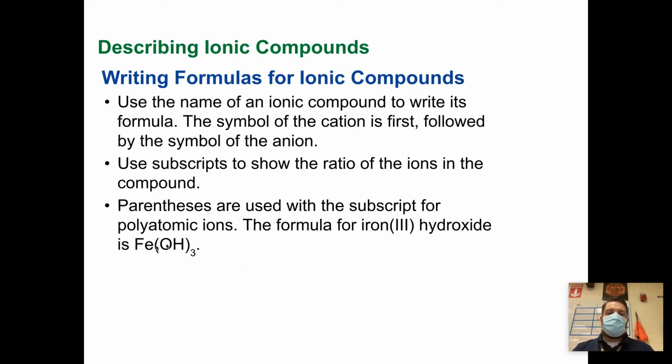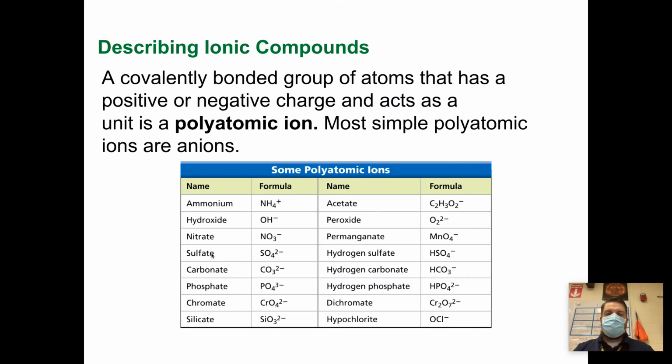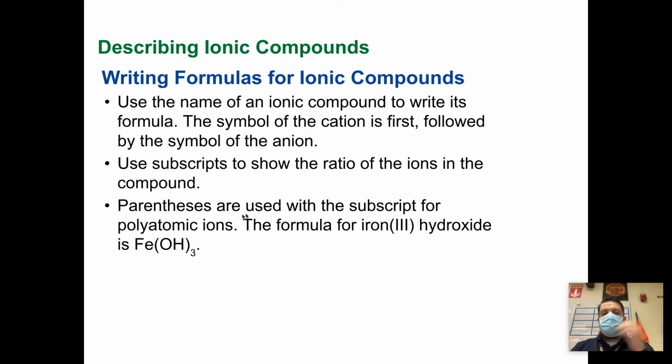So for example, the formula for iron hydroxide is Fe, this is the iron part, and then hydroxide, if you look at the other screen, remember hydroxide was 1 oxygen and 1 hydrogen, and it has a negative charge. So iron hydroxide formula is here.